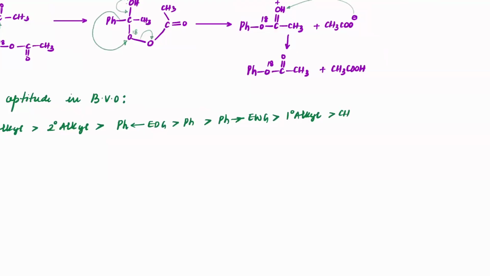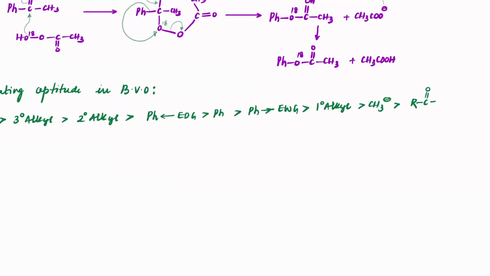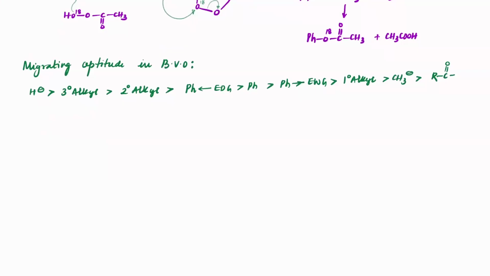Then comes CH3, and last comes R C double bond O here. So this is the order of groups that can migrate. This is a very different order than the regular ones, so you just have to follow that.